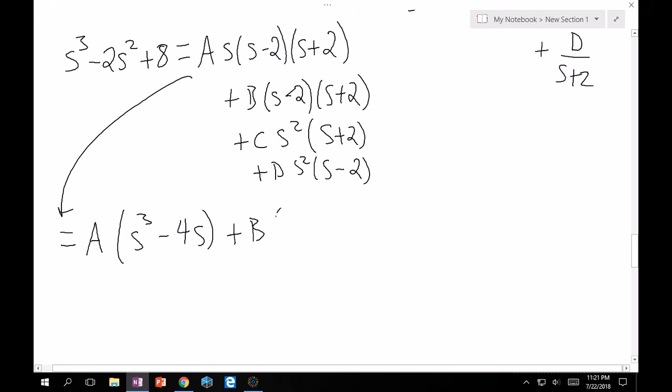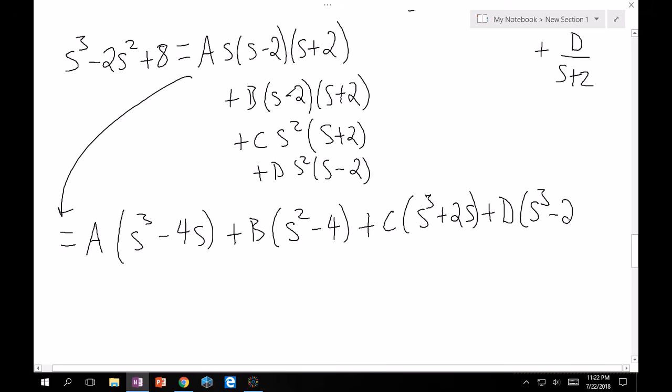Plus b times s minus 2, s plus 2, that yields s squared minus 4, plus c, this part yields s cubed plus 2s squared, and then for d, this yields s cubed minus 2s squared, sorry, for both of these. Good.